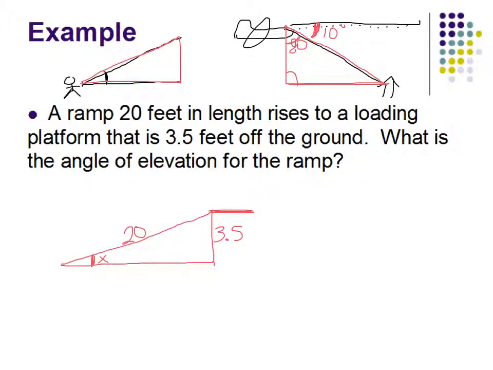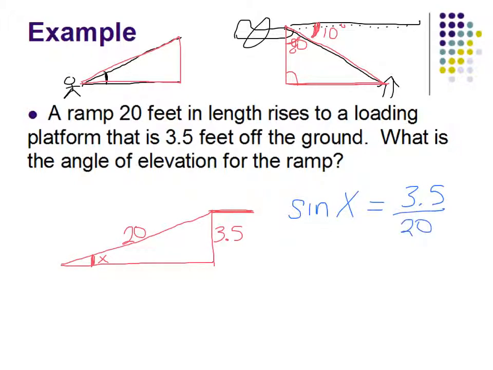This is the thing where you have to do the inverse, because you're looking for an angle measurement. From this angle, we know the opposite side, and we know the hypotenuse, because that's across from our right angle down here. Opposite and hypotenuse, which trig ratio? You should be saying sine. Sine of some angle, I'll call it x, is equal to the opposite over the hypotenuse.